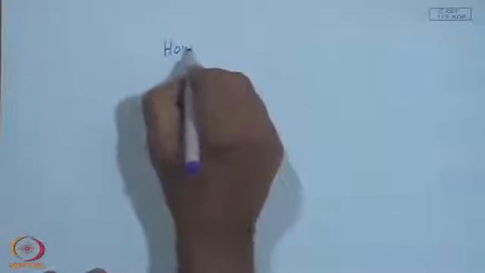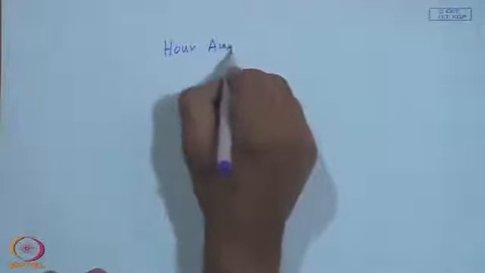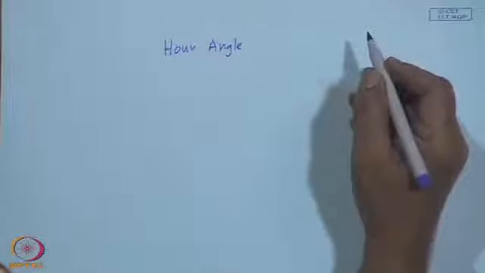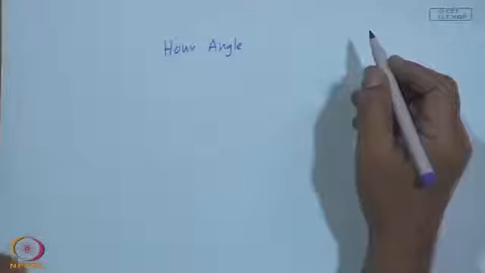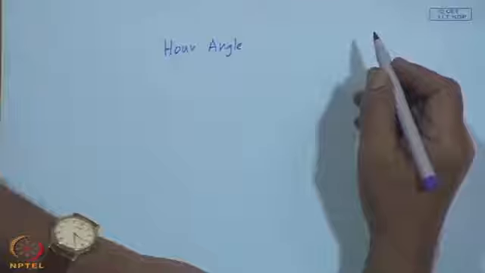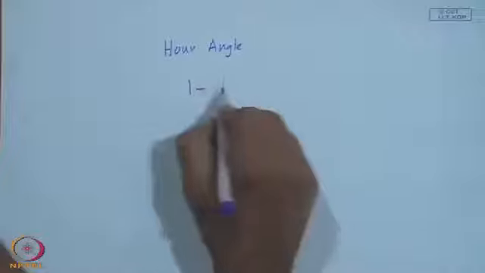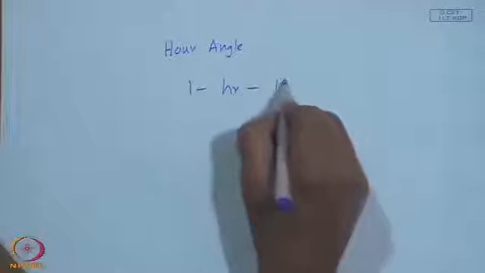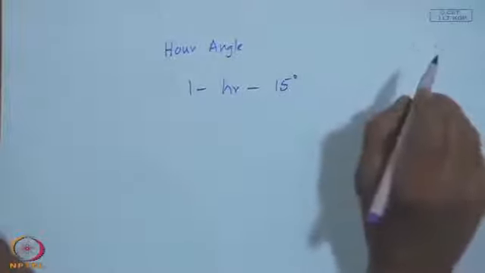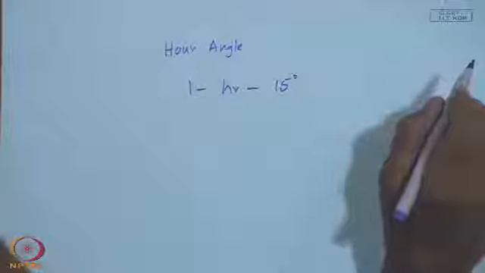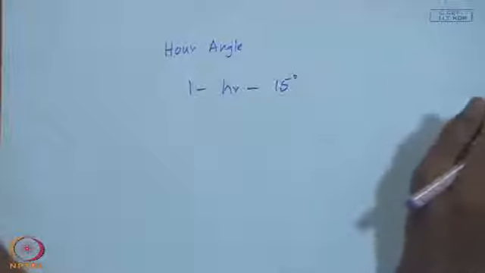So, we also define an hour angle. In other words, instead of saying 10 o'clock, 11 o'clock, 12 o'clock, we will specify it by the hour angle omega, and because it is again 24 hours for 360 degrees of rotation, each 1 hour will correspond to 15 degrees, and by notation omega equals 0 at solar noon, negative in the forenoon and positive in the afternoon.